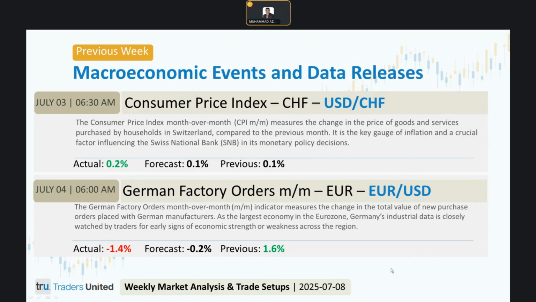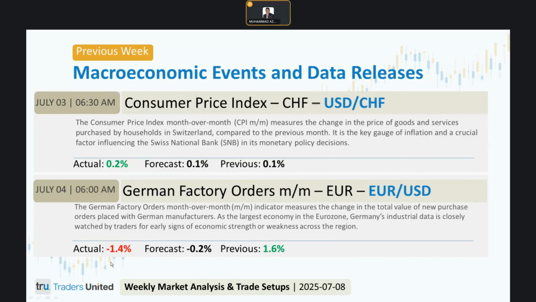The July 4th German factory orders report delivered a sharp negative surprise with a minus 1.4% reading, well below the 0.2% negative one. So the forecast was minus 0.2%, but the actual number we got is minus 1.4%. That's a surprise.